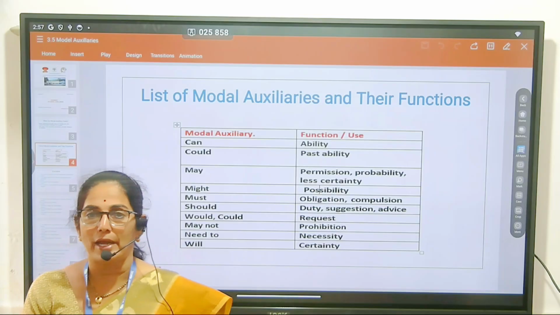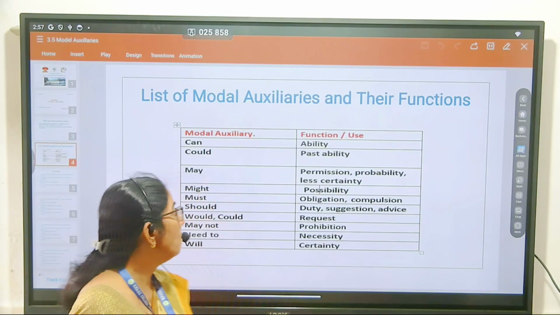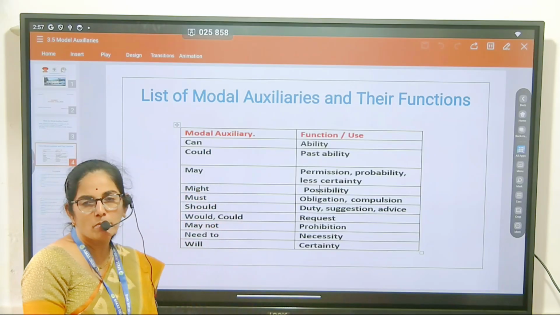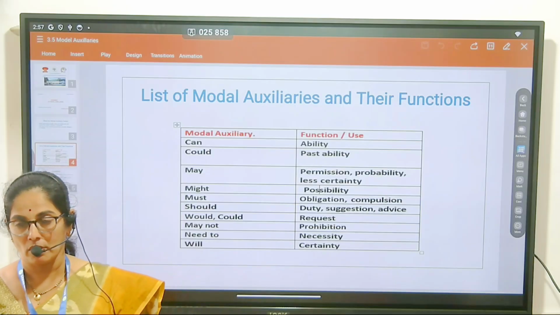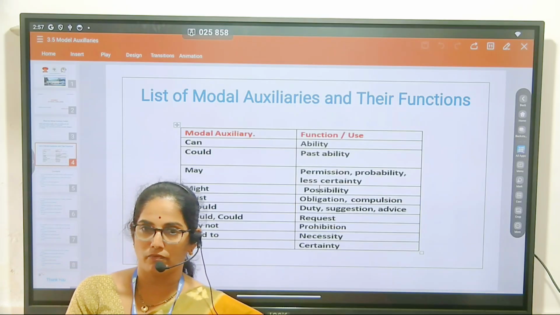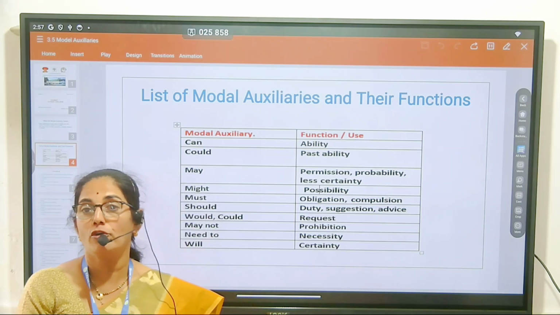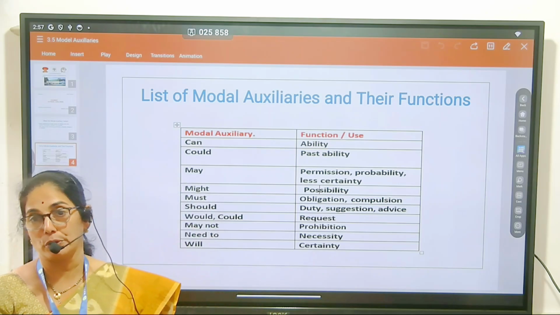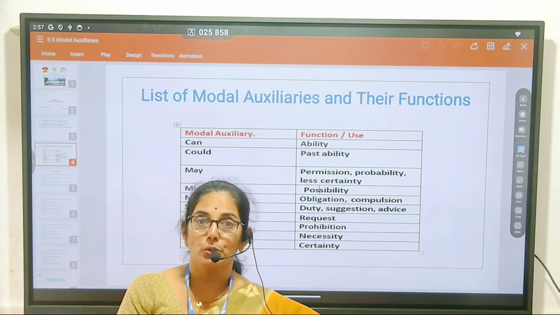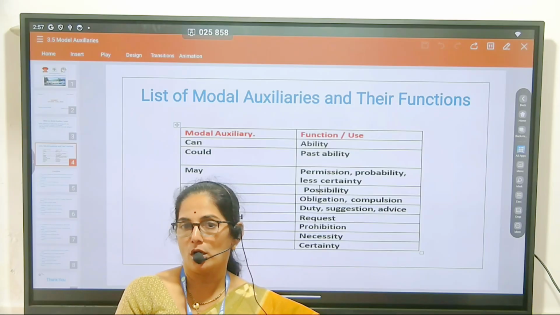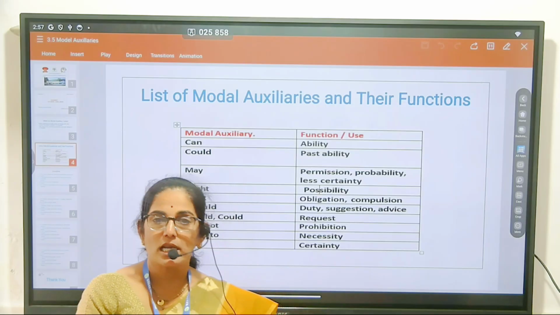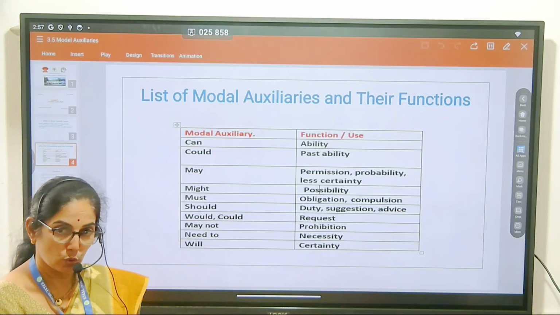The next modal auxiliary we have is may not. May not means prohibition. What does prohibition mean? It is not allowed for you. When something is not allowed for you, there is a restriction for you, that time you have to use the modal auxiliary may not. Then the next auxiliary is need to.